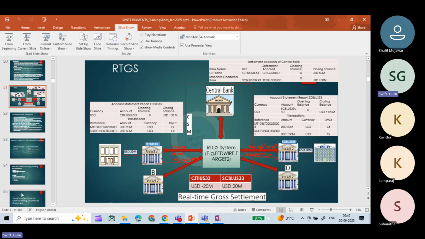In some countries, they maintain one account which is used for multiple settlement systems. In many countries, they have different settlement accounts maintained for the different payment systems. It's not mandatory to open, but some countries wish to have different settlement accounts for different payment systems. It totally depends on the country.